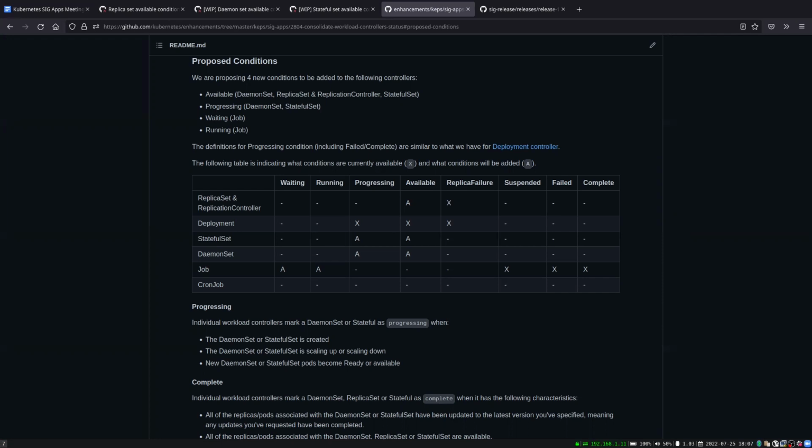And for stateful sets and daemon sets, I think the main problem is that in deployment, the replicas are equal, and the meaning of available might mean a different thing in the stateful set or daemon set, where each replica has a special function, either that it is assigned to a node in the case of the daemon set, or that it has its special PVC, for example, in stateful set.